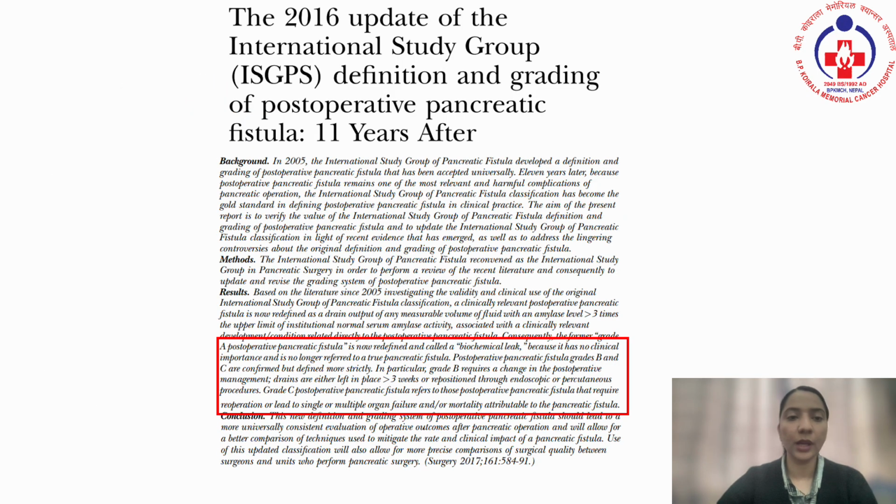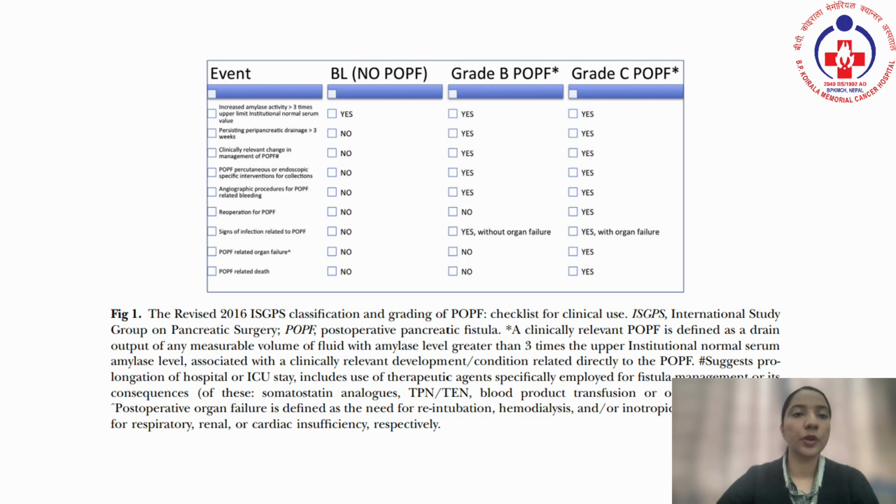And the post-operative pancreatic fistula grading, which was given by the ISGPS, has 3 grades. Grade A, that is biochemical leak only, is now not considered as a post-operative pancreatic fistula.